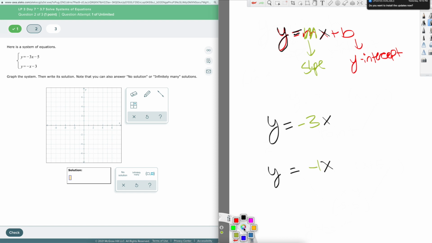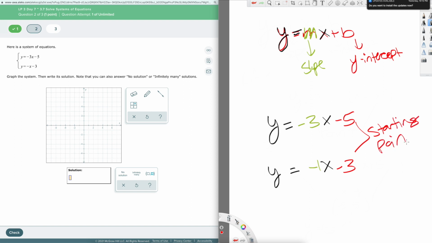And then for my b here, I have -5 and -3. So again, I've just color coded it so we can easily match this up. The slope is always next to the x. It doesn't actually matter if these are flip-flopped in order. We're always looking for the x, and that's going to be my slope. My starting point is the y-intercept. So I start here. This is my starting point.